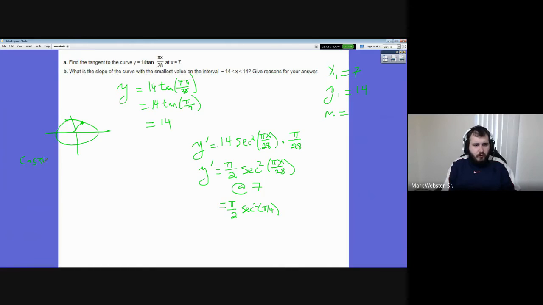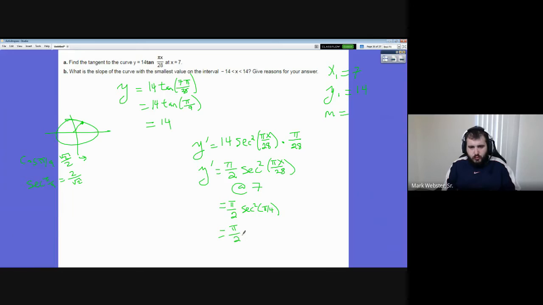Cosine of pi over 4 is radical 2 over 2. So secant is the opposite of that, or the reciprocal of that, right? And now we want secant squared, so we're going to square that.